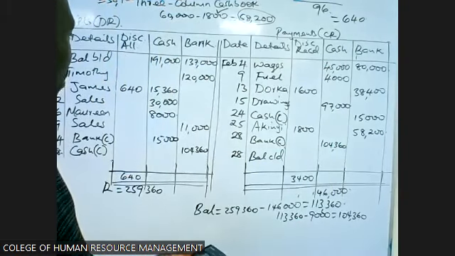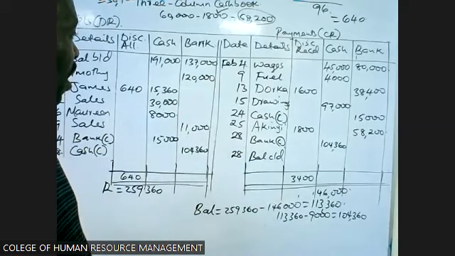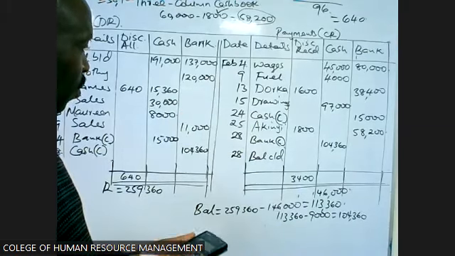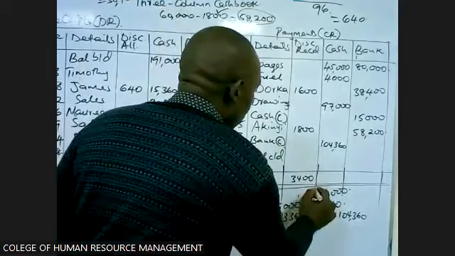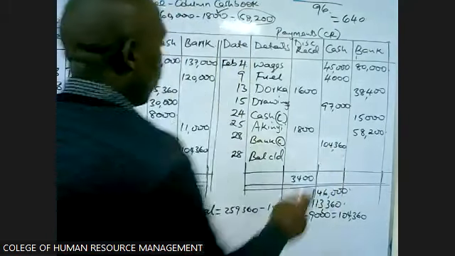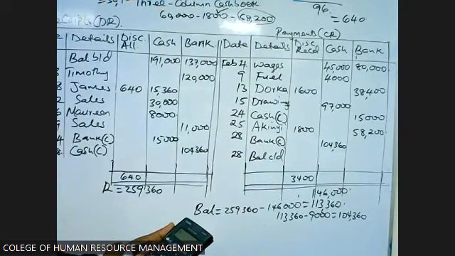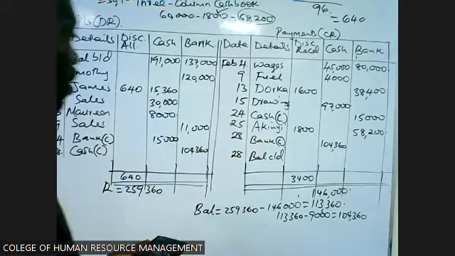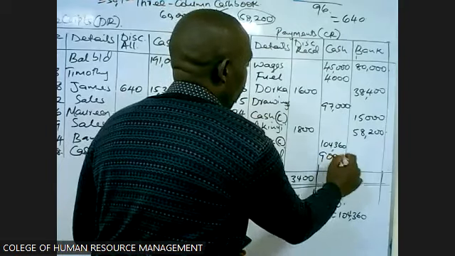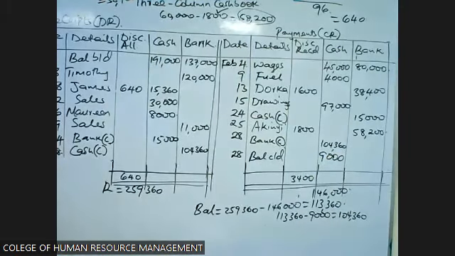So if you add there, the payment side, we had 146,000. Then we add this that we have included there, 146,000 plus 104,360. You get 250,360. If you minus from 259,360, you get 9,000. That is the balance that we left at the cash box.